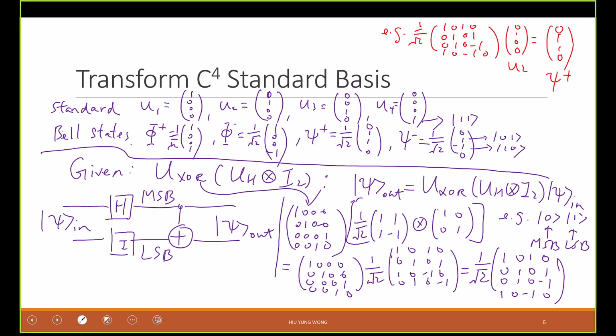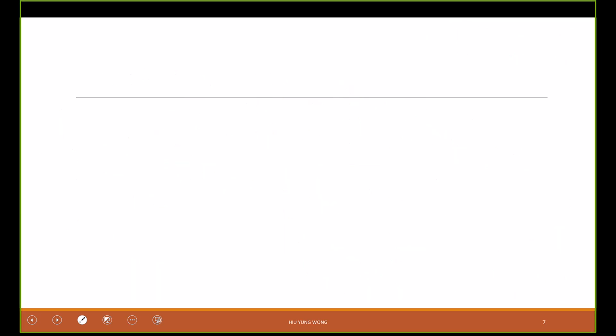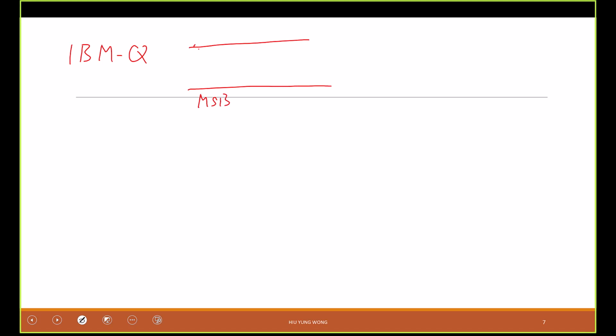And that is the problem with IBM Q. So in IBM Q, they swap it. They always have the one at the bottom as the MSB, the one on the top as the LSB.